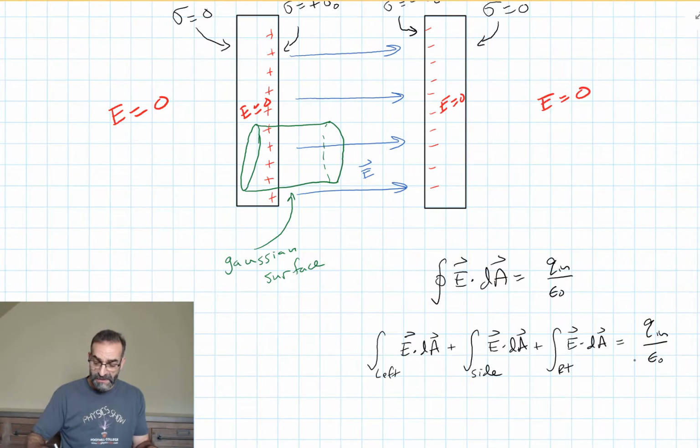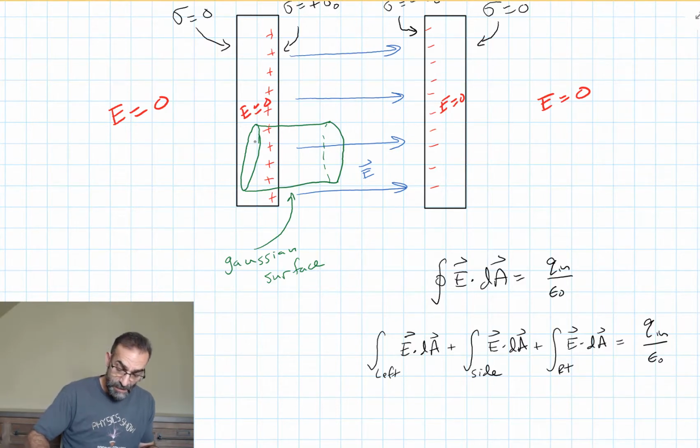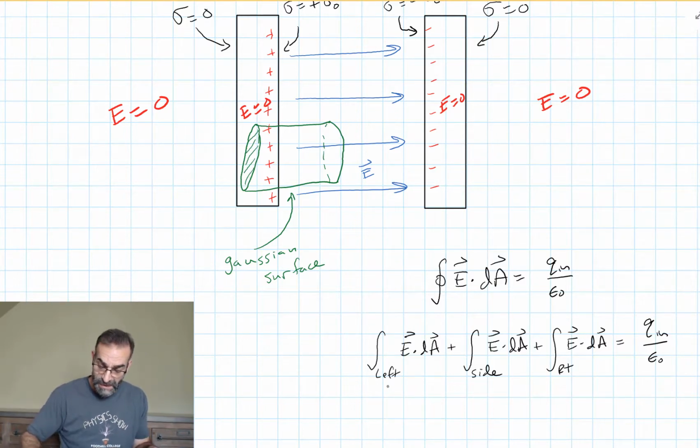Because my Gaussian surface has three sides, I can break it up into these three integrals. The left side, I know the electric field is 0 over this whole face, so this is just going to give me 0.